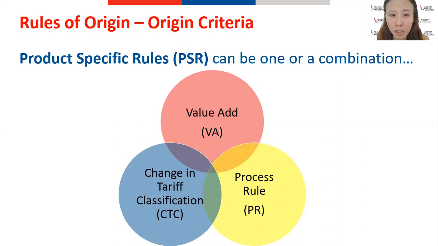So it is important that you know what your product is, how it is classified, and how to check the criteria associated with that product. Not forgetting that this rule can contain more stringent or even more relaxed origin criteria for your goods. For example, the value add threshold could be 60% instead of 40% for a particular HS code.